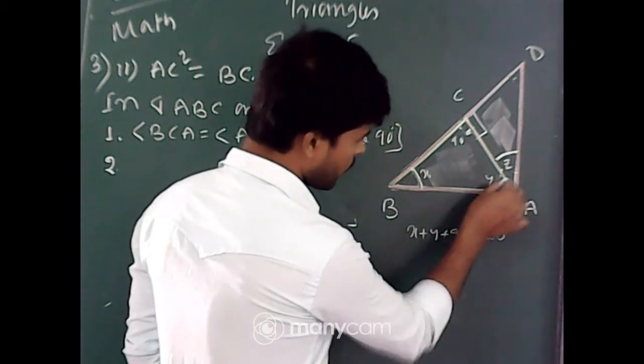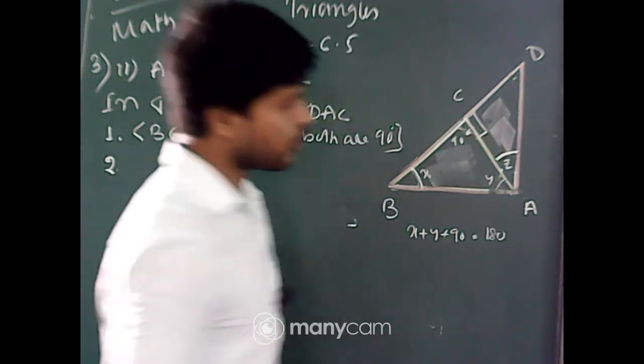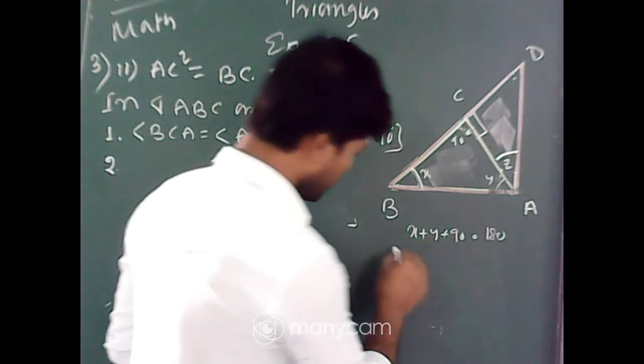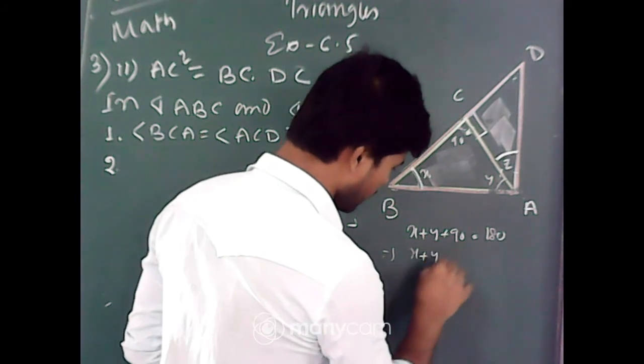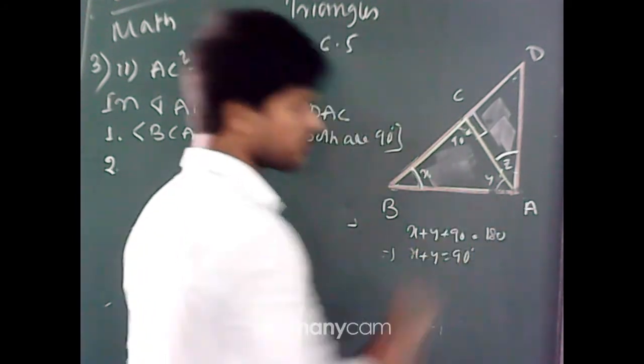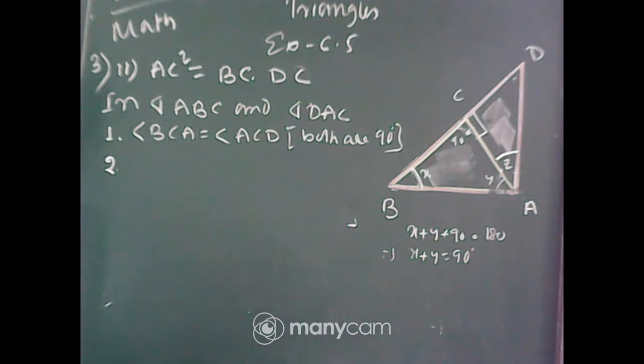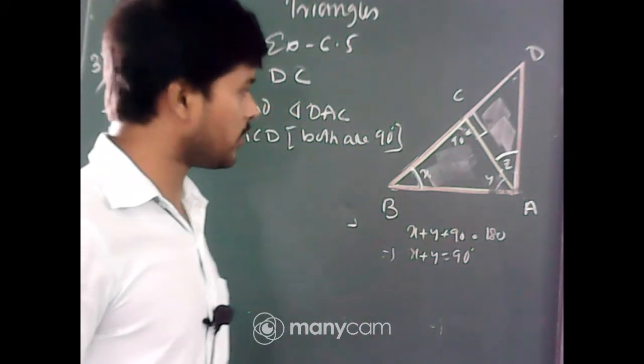This angle plus this angle plus this angle is equal to 180 degrees, isn't it? That means x plus y is equal to 90 degrees. I hope you don't have any problem if I write x plus y is equal to 90 degrees.